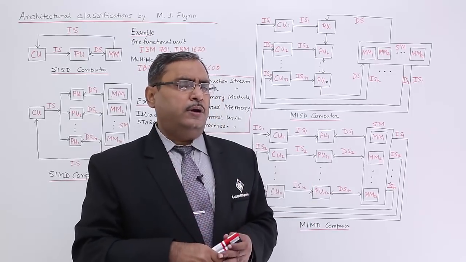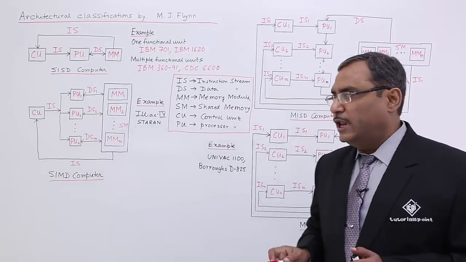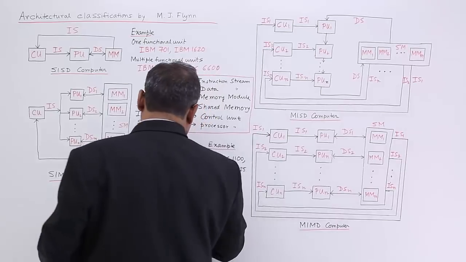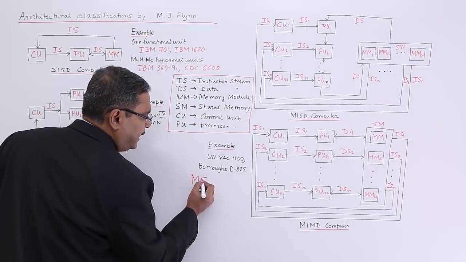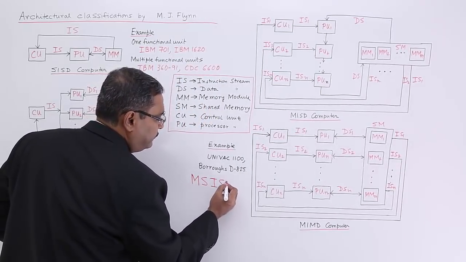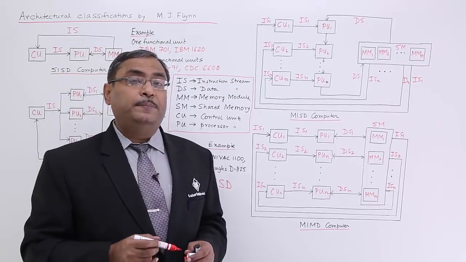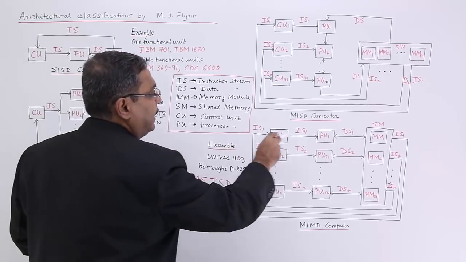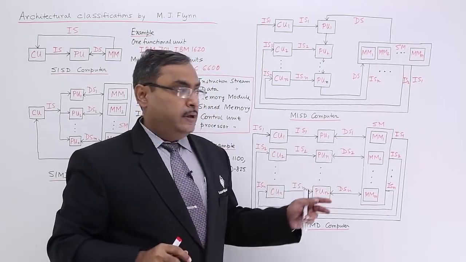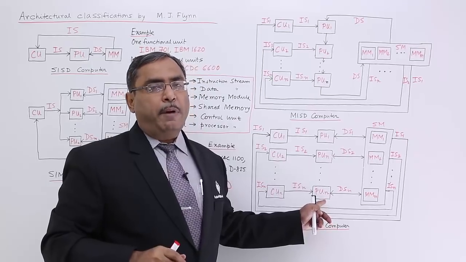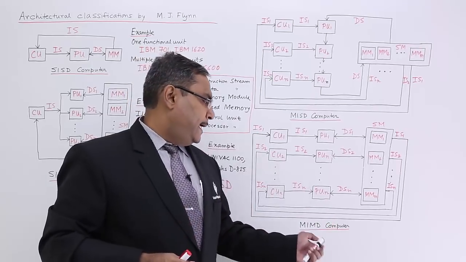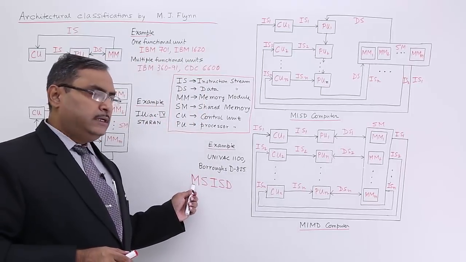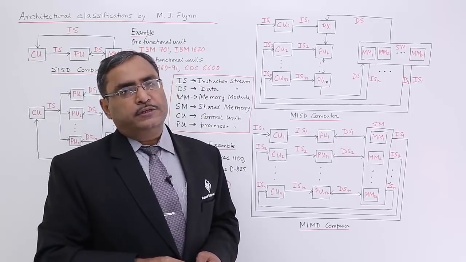Actually, try to realize that this loosely coupled computer model can also be thought of as multiple SISD computers operating in parallel. So loosely coupled MIMD computer architecture can also be thought of as multiple SISD computers working.